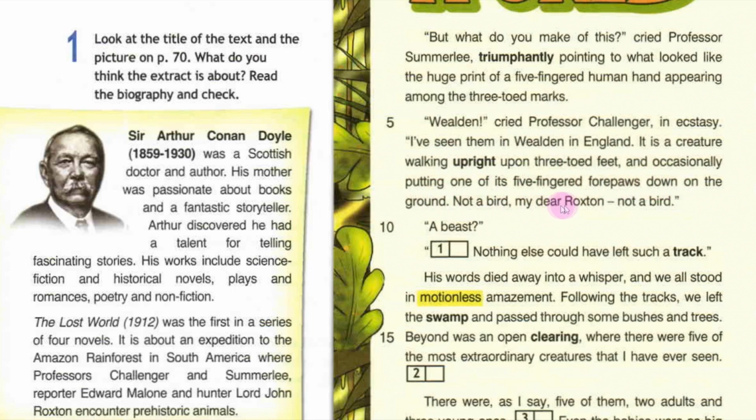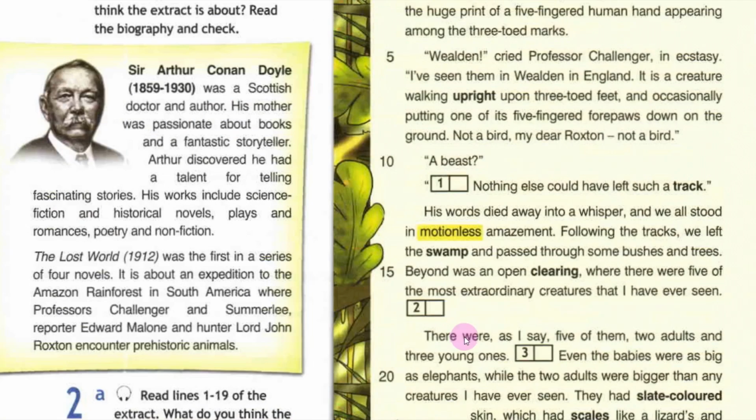Not a bird, my dear Roxton, not a bird. A beast? Nothing else could have left such a track. His words died away into a whisper, and we all stood in motionless amazement. Following the tracks, we left the swamp and passed through some bushes and trees. Beyond was an open clearing, where there were 5 of the most extraordinary creatures that I have ever seen. There were, as I say, 5 of them, 2 adults and 3 young ones.